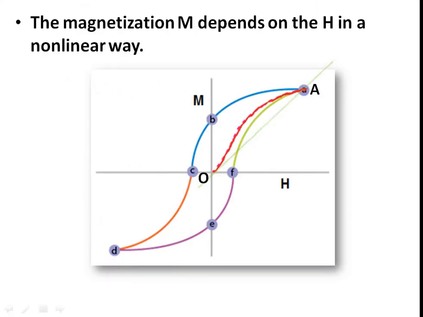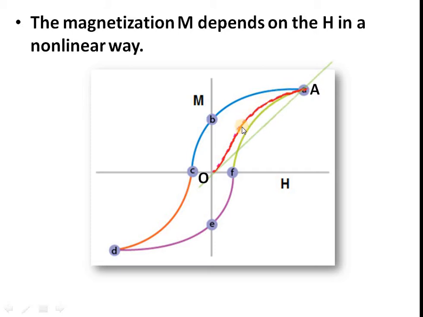For example, here we try to elaborate the non-linearity problem. In a non-linear material, if you increase the applied magnetic field H, M will increase, of course, but M is not increasing linearly. If the increase were linear, you would get a straight line like this. But instead of that, here the relation is non-linear, so a curve is obtained.